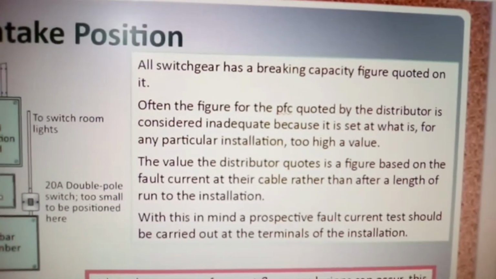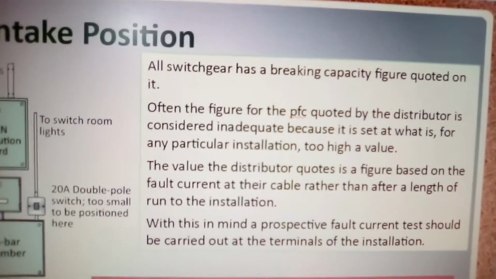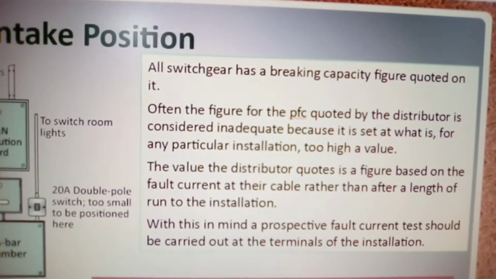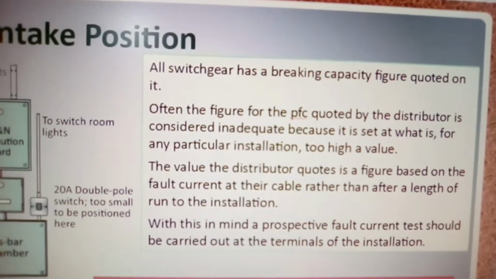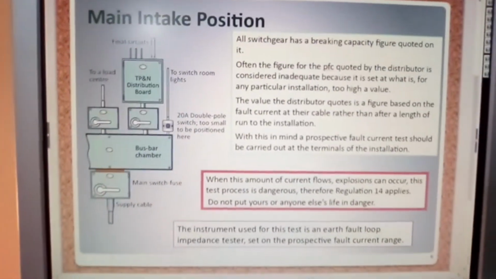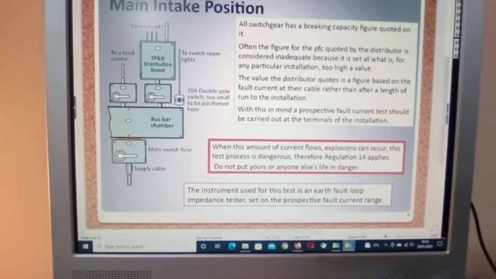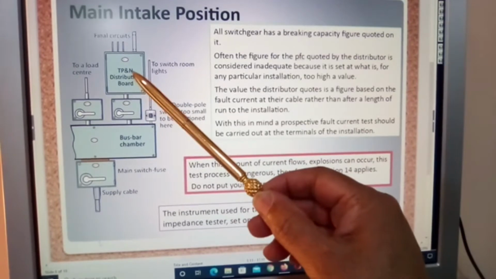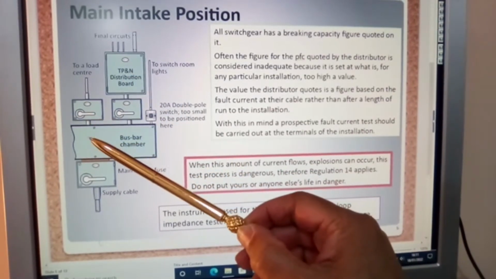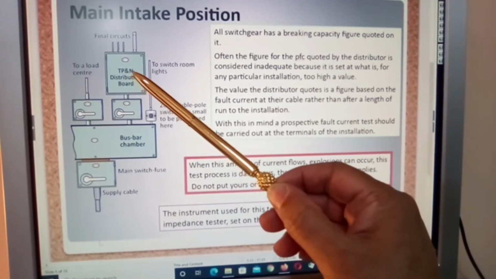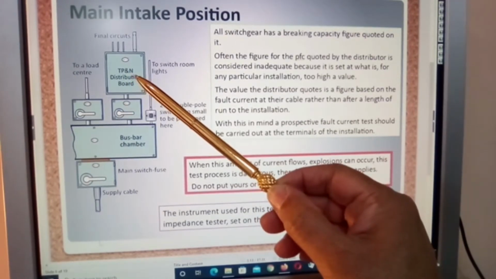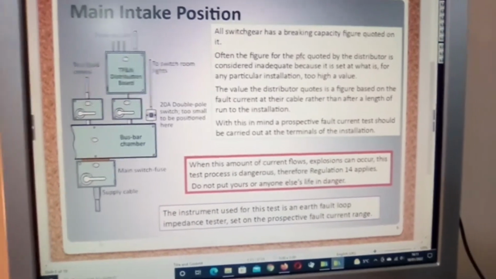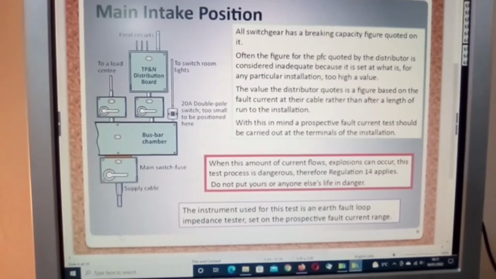Now here we have our main intake position, okay, and you can read this for yourself. All switchgear has a breaking capacity figure quoted on it, okay. Now when we look at these, each of these here will have a current handling capacity at short circuit possible points, okay, and they are designed to withstand a given short circuit at a given current rate.